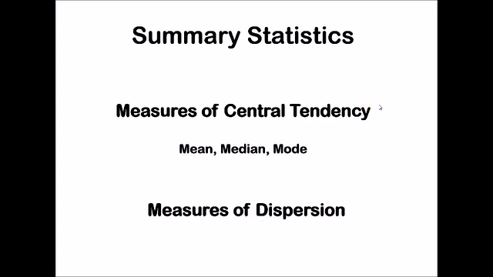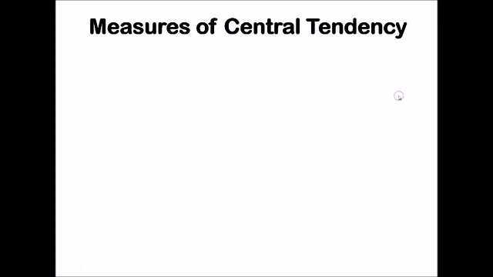We'll consider 3 basic measures of central tendency, all of which I'm sure you've calculated before: the mean, median, and the mode. And then there are 2 basic measures of dispersion, the range and standard deviation. But for the sake of simplicity, I'll just employ the range. The standard deviation is a bit more involved in terms of calculations, so we'll just look at the range.